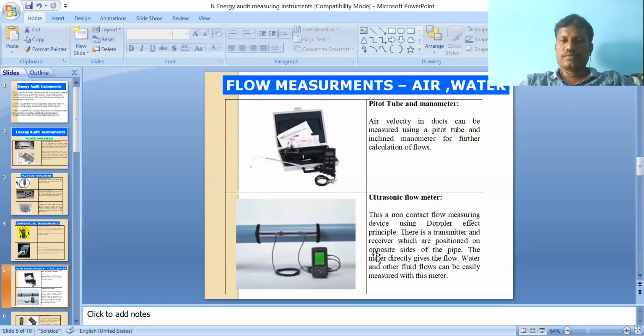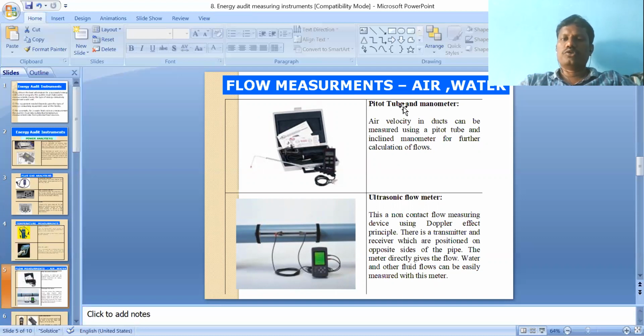And one more is flow measurement, that is air and water flow measurement. For manometers, air velocity in ducts can be measured using a pitot tube and inclined manometer for further calculation of flows.